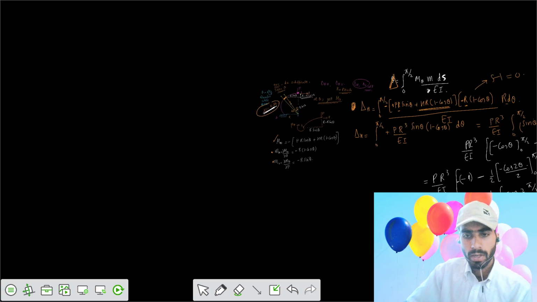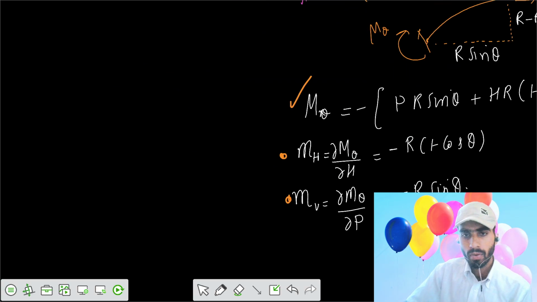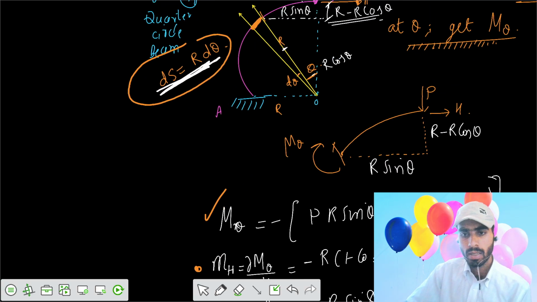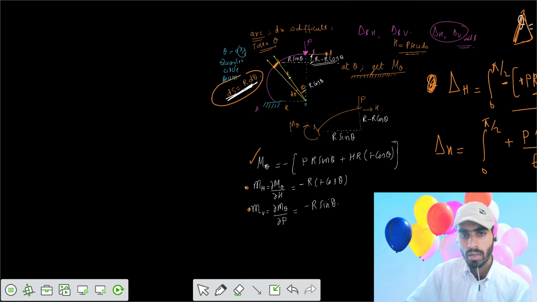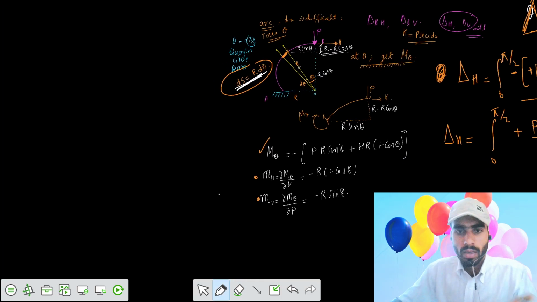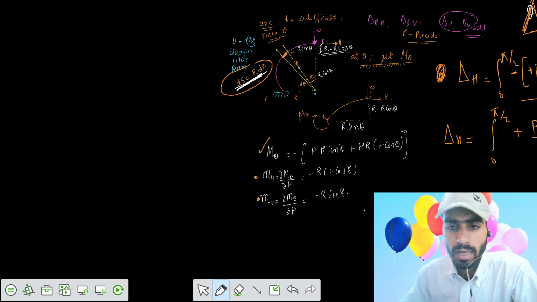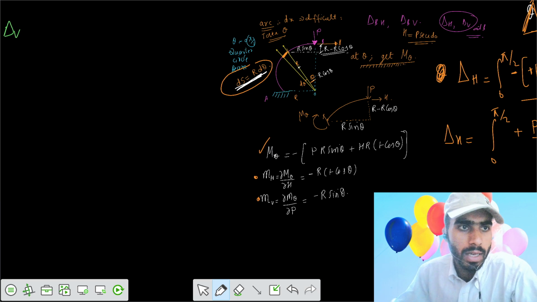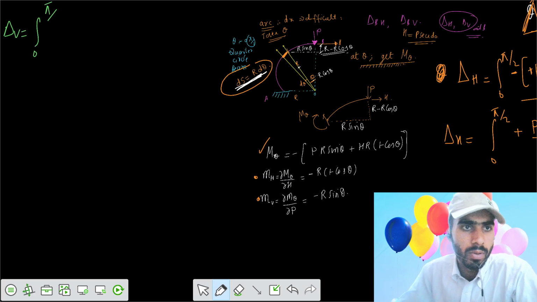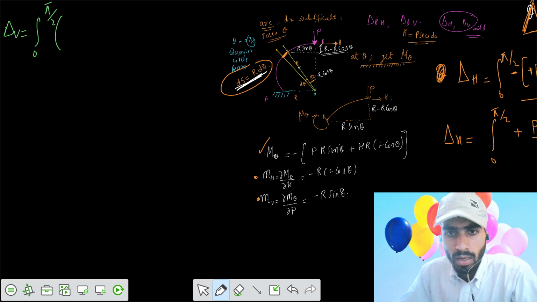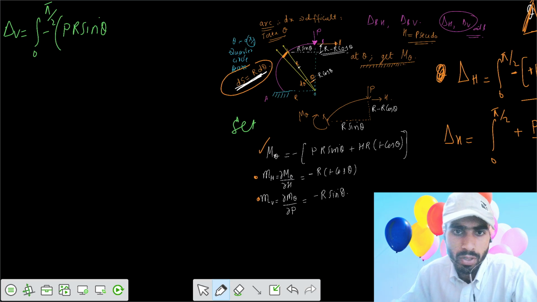So for the vertical displacement, you have to now calculate delta vertical, that's 0 to pi by 2. Value of moment was minus PR sine theta, and now we would directly set H to 0.